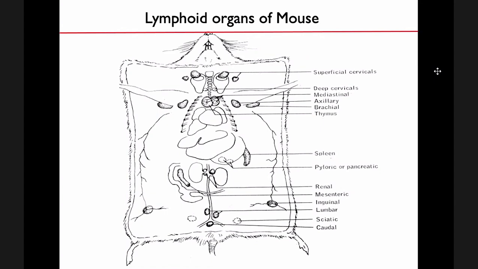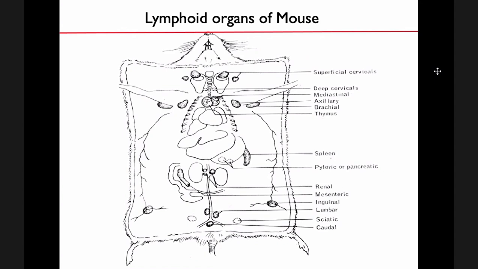Excuse me, sir. Yeah. Sir, are lymph nodes and Peyer's patches part of secondary lymphoid organs or tertiary? Well, you don't call Peyer's patches secondary lymphoid organs. You tend to call them tertiary lymphoid organs. And sir, what is the basis of their classification?